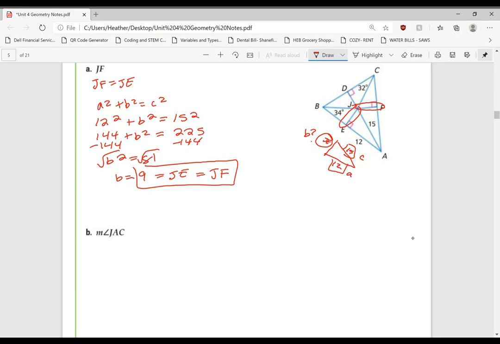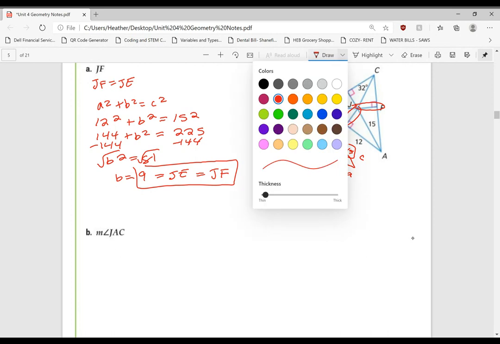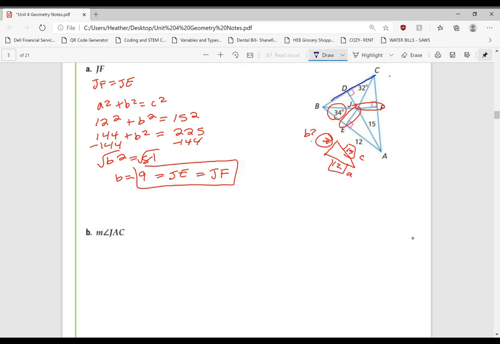JBE is this angle right here, 34. And CBE is this entire angle, this whole thing. So that means it's double that. The measure of angle CBE is equal to 2 times 34, which is 68.